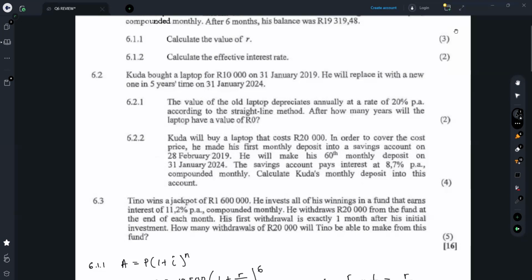And now this laptop is going to depreciate at that rate, isn't it? According to the straight line method. And it's going to end up with 0 rands. So 0 rands there would be the book value, or the scrap value, rather. If he would sell it after those many years, we would find out that he should just give it for free, isn't it? Because there's no profit to be made from it. Okay. So let us calculate that value there. Right.